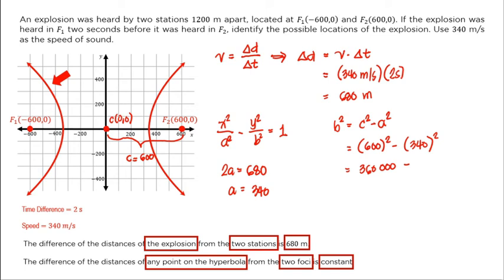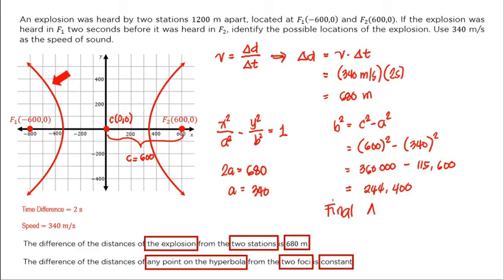Minus 340 squared is just 115,600. Okay, taking the difference, that will be 244,400. Thus, b squared is equal to 244,400. Okay, so we can now give the final answer.